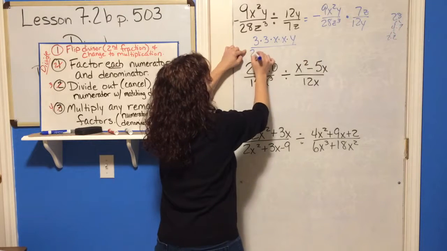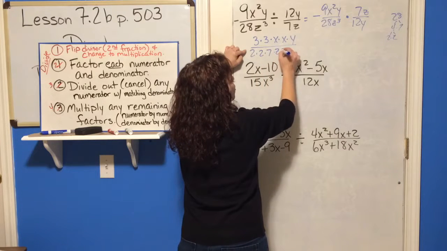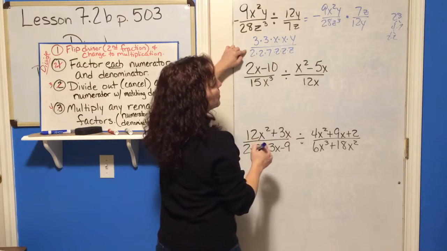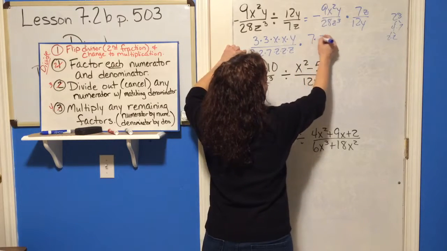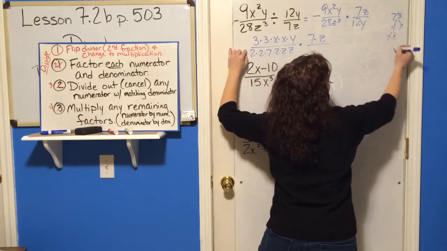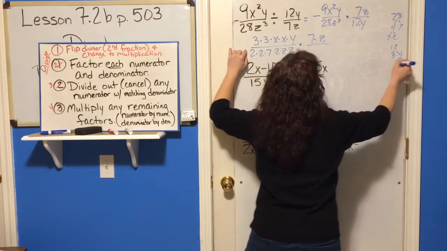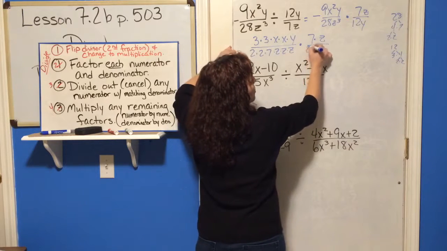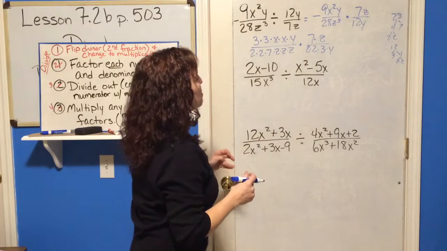So we've got 2 times 2 times 7, times 1, 2, 3 z's. And you're going to multiply this by 7 times z, which is already pretty much factored. 12 is 3 times 4, and 4 is 2 times 2. So 12 is 2 times 2 times 3 times y. Now you've got all your parts and pieces.